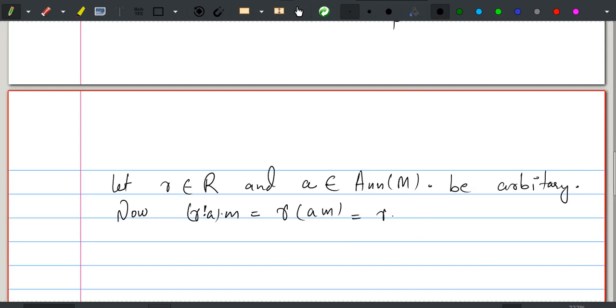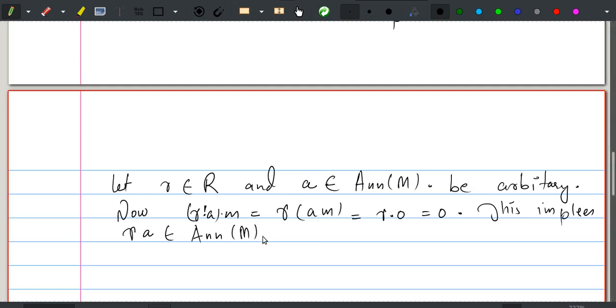So this is r times 0, which is the same as 0. This means that the annihilator of M is closed under scalar multiplication. This implies ra belongs to the annihilator of M. Hence this annihilator of M is an ideal in R.